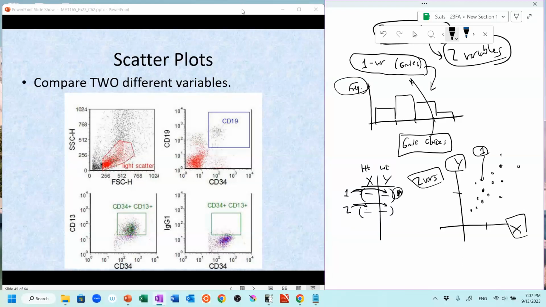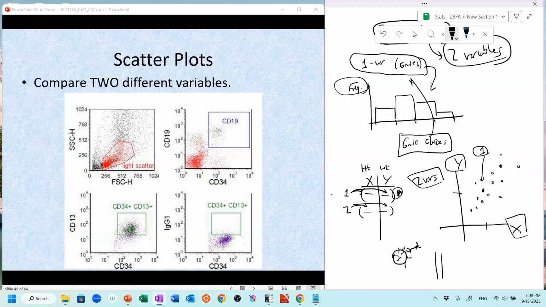These scatter plot examples over here are from a medical process called flow cytometry. So basically what they do is, your cells are not really smooth. They're almost kind of hairy, you might call it. They have all these little proteins hanging off of them that do all kinds of important things. And you can attach an antibody to certain proteins that will fluoresce a certain way when it's hit with laser light.